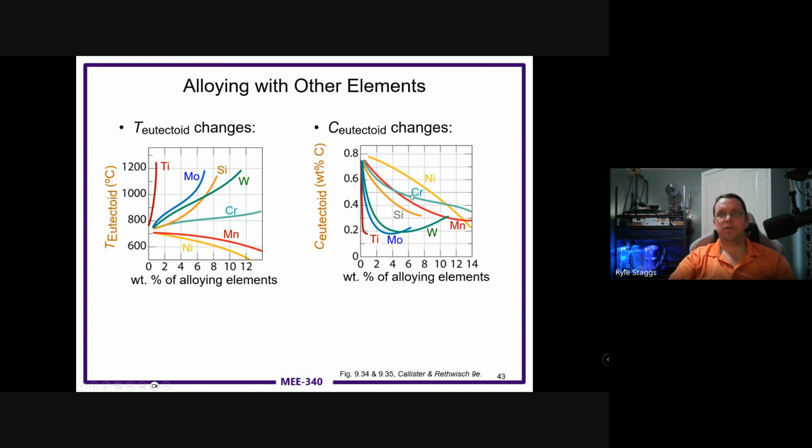And chrome is used typically in combination with nickel for some of that corrosion resistance. So there's a bunch of applications of those. But nickel has a less dramatic impact compared to some of the other ones. And silicon is kind of a fairly linear curve as well. So silicon is pretty neutral. It's good at absorbing some of the heat for materials.